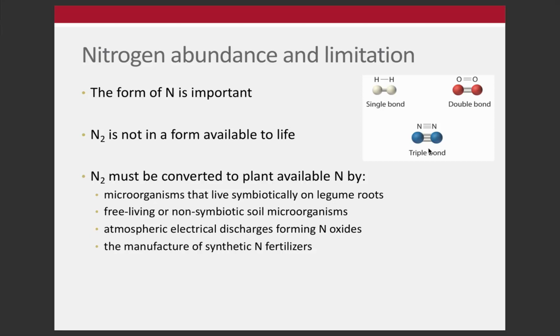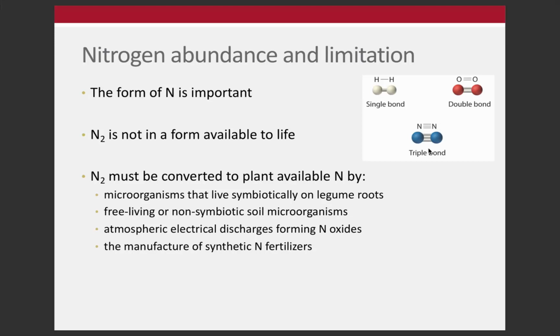First and foremost, microorganisms that live symbiotically on legume roots. This is the idea of legumes and rhizobia. Things like soybeans or clovers have nitrogen-fixing associations and special nodules. We'll talk about that in a little bit. There are also free-living or non-symbiotic microorganisms.